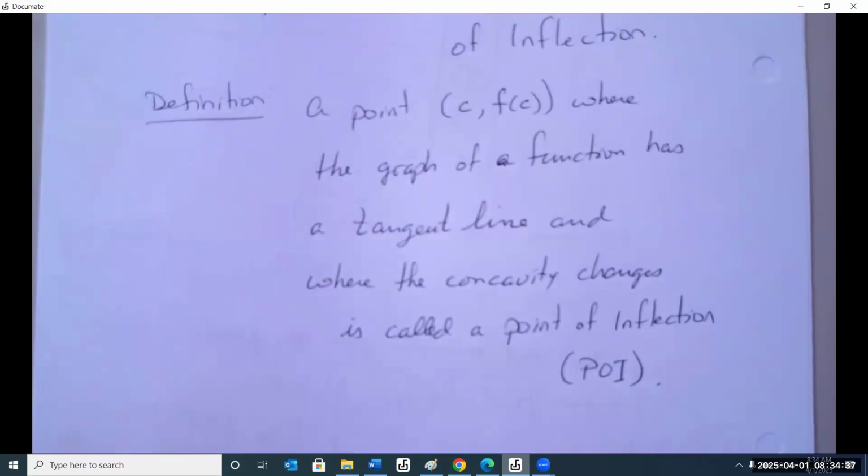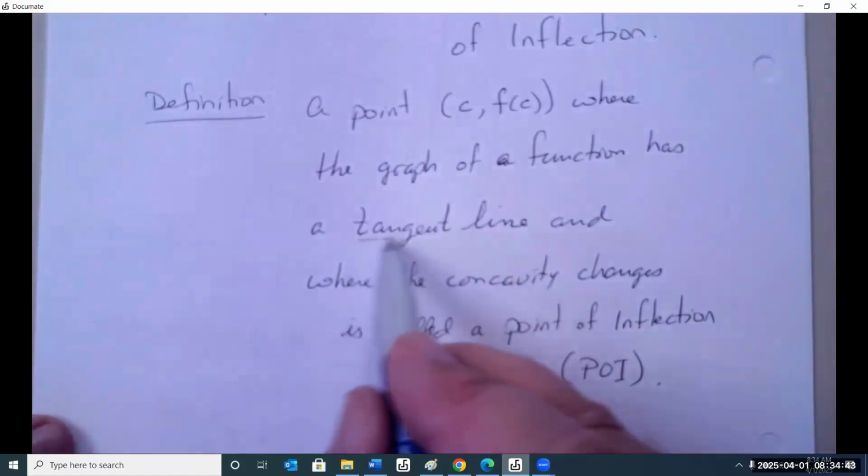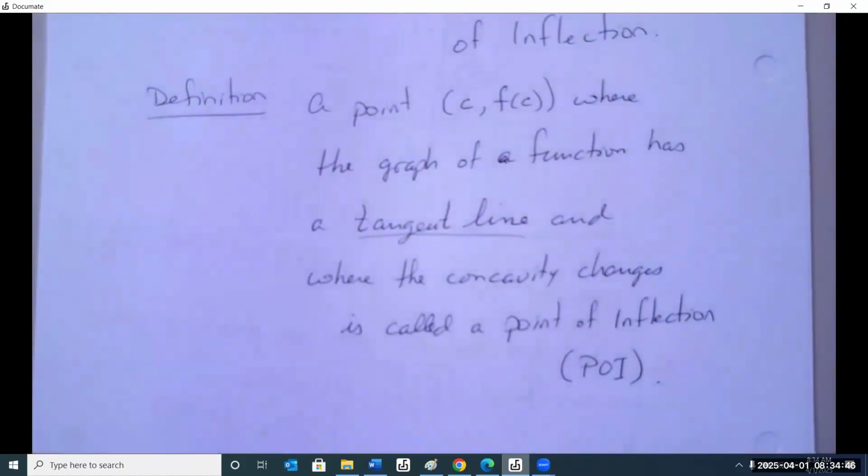A point C, f of C, where the second derivative... why is this important? Why does it say it has to have a tangent line? Where do we find the tangent line? The first derivative, because it's the point on a curve, only one point on a curve, that tells us the slope of the line tangent to it.